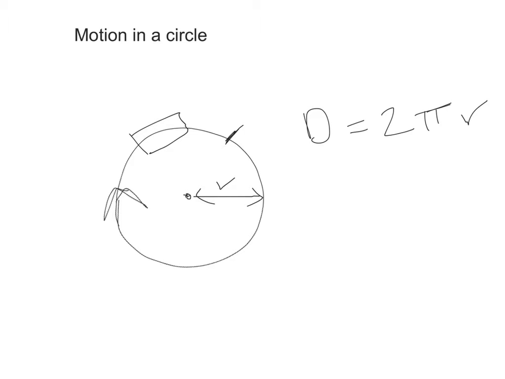If the car moves around the circle of radius r, then the circumference of the circle is 2 pi r. The time taken for this car to move all the way around and come back to the same place is called a period.